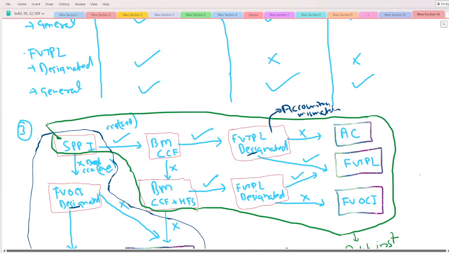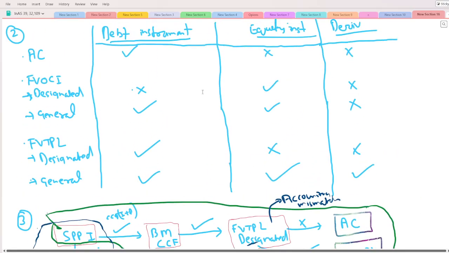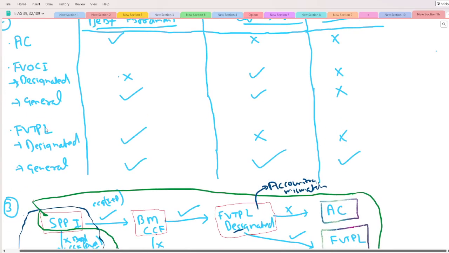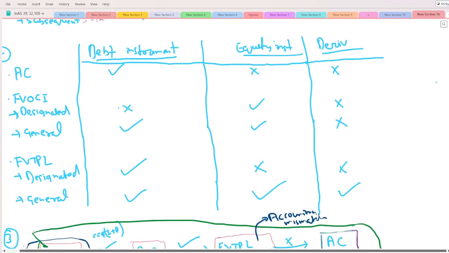In the FVOCI you are not having a designated here, because the FVOCI designation comes for the equity instrument, not for the debt instrument. So the key takeaway is that for the debt instrument, all the categories are there, the amortized cost, FVOCI and the FVTPL, but the designation will be there for the FVTPL only.